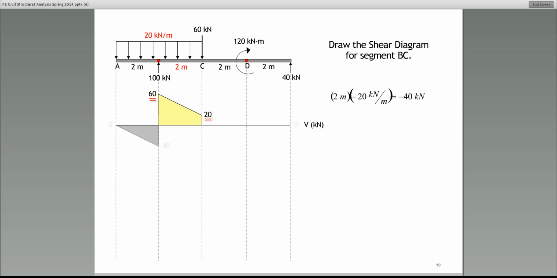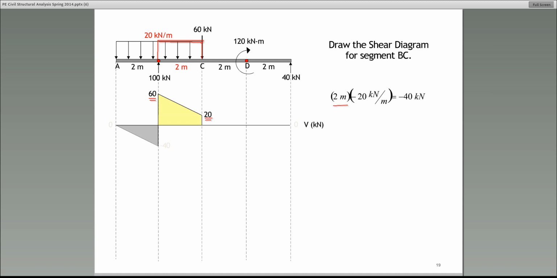When we integrate the function from B to C, we are really integrating this 0-degree curve from B to C. So when you integrate that rectangular load, we're finding the area under that load.